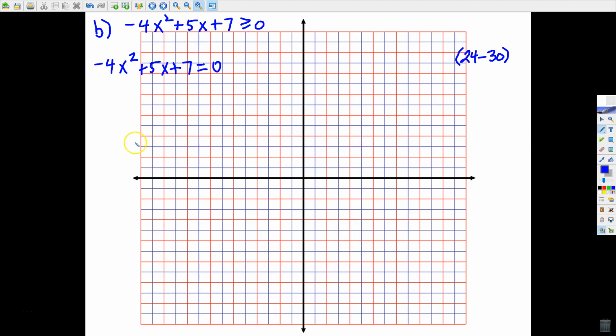Okay, so we've used the quadratic formula, and we got our two solutions for x. Gage, give me one of those. I got positive 2.09. Okay, and what's the other one, Gage?